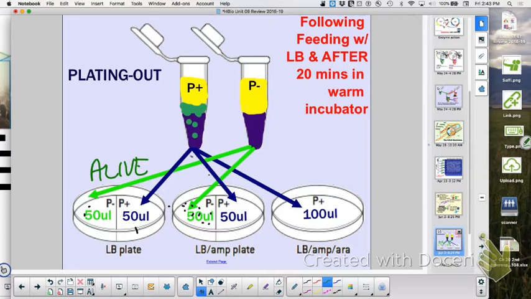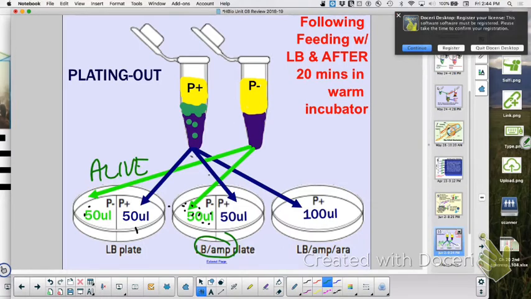Are they alive? Your second plate had ampicillin mixed in it, and you put P minus and P plus on that. What was the purpose of that plate? Yes, to see if they're antibiotic resistant, but to see if you could do what procedure, if you could do what to them. Why did we have an ampicillin plate?